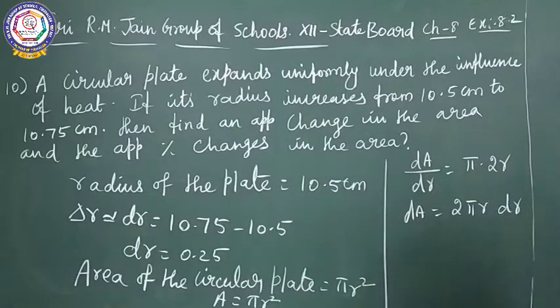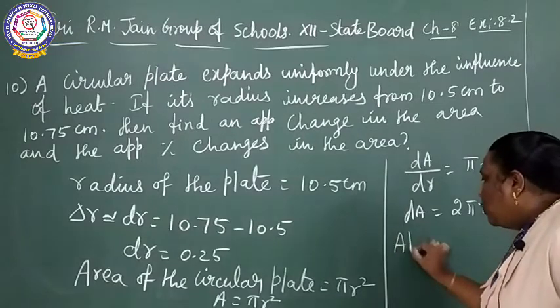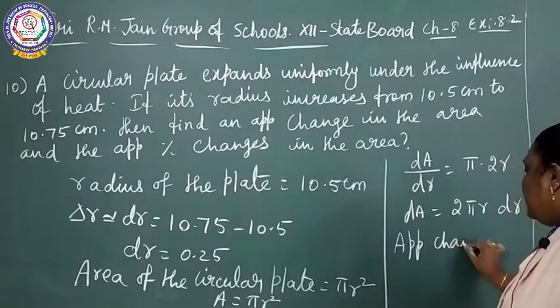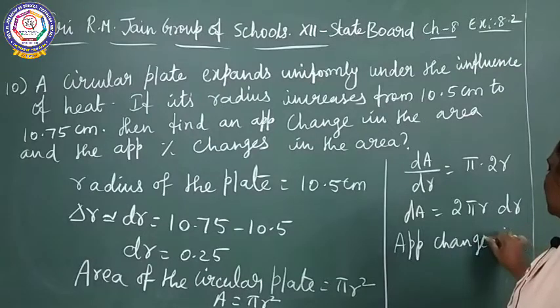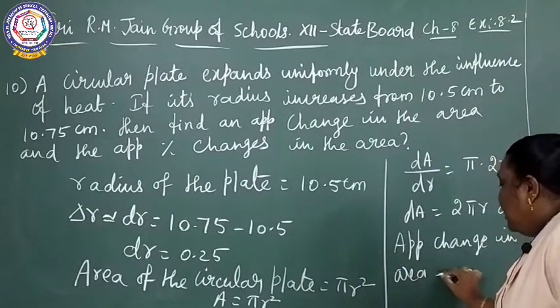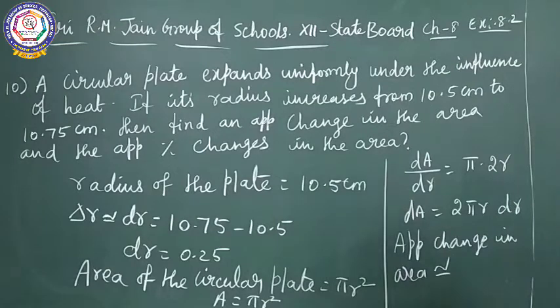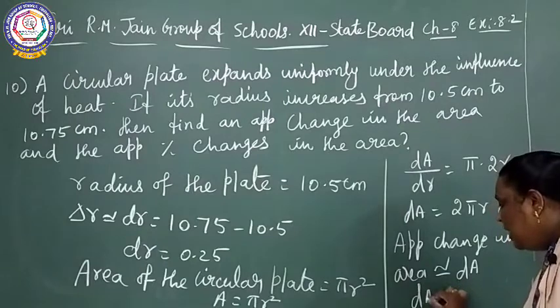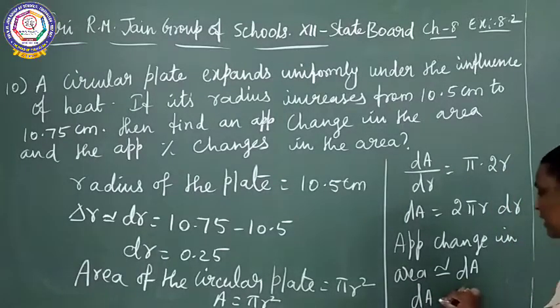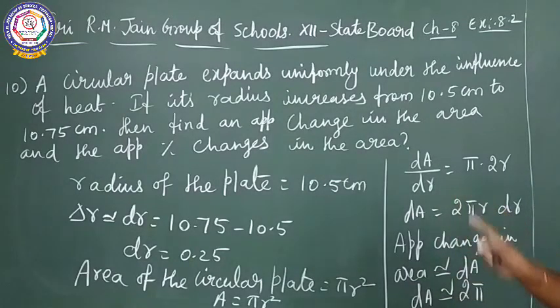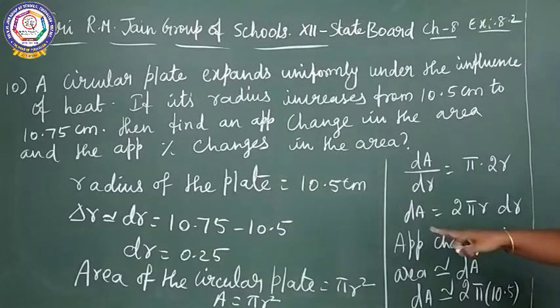Now the approximate change in area is approximately dA. So dA is approximately 2 pi into r value, which is 10.5, into dr value, which is 0.25.